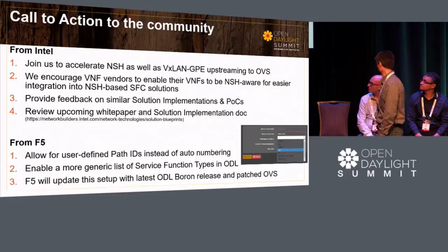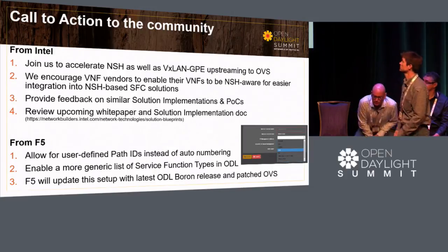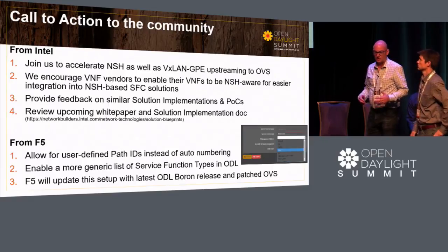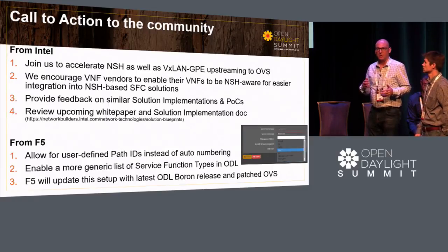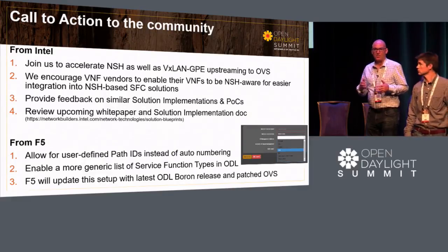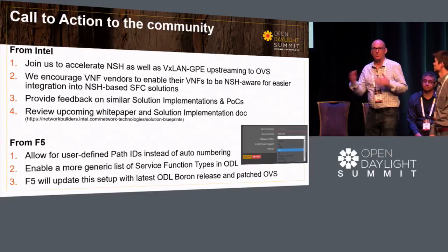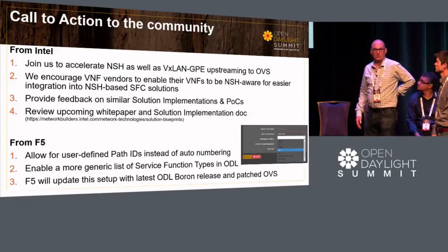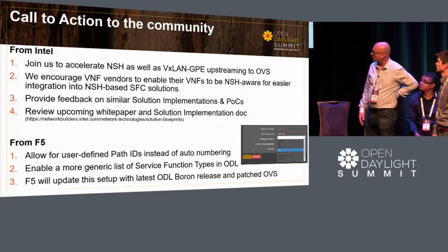From F5, Randall, do you want to? Yeah, so a couple of things that we saw when we were trying to go through this, especially with ODL, was the ability to edit the service function path IDs. They were automatically generated, and we had to go back through and change a whole bunch of other things every time we generated those. So the ability to revise those would be great.